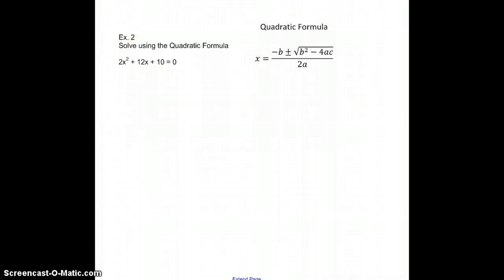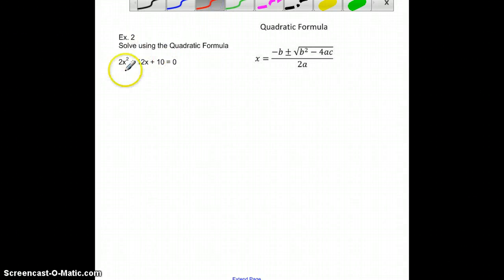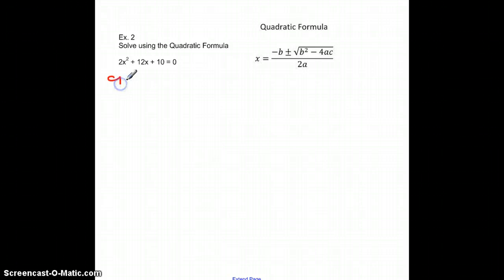So let's take a look at example 2 here. Our A equals 2, B equals 12, and C equals 10. Okay, so let's set up our formula.